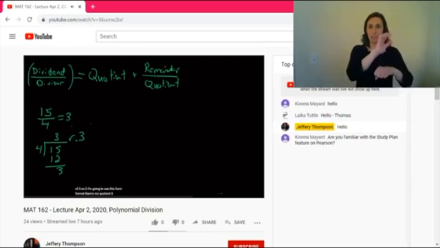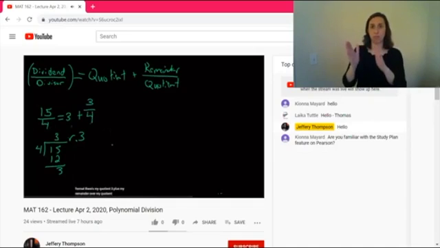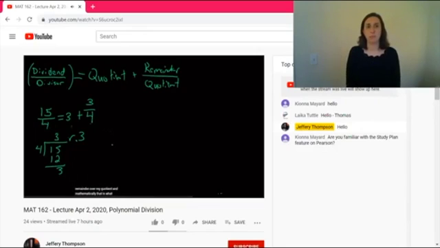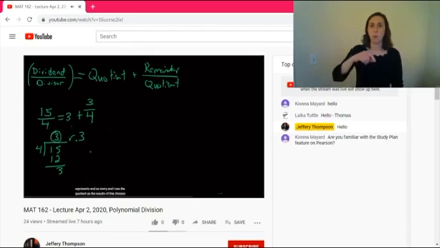So I'm going to use this format. There's my quotient, 3, plus my remainder over my divisor. And mathematically, that is what this represents. And so for me, I see the quotient as the result of this division and the remainder out here.